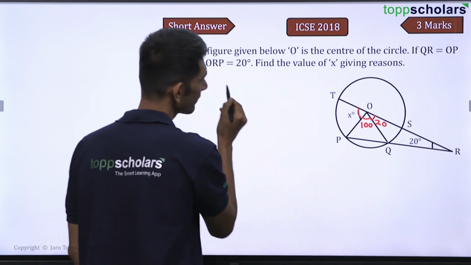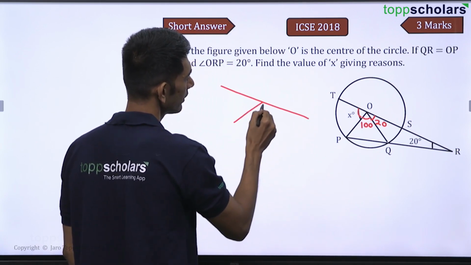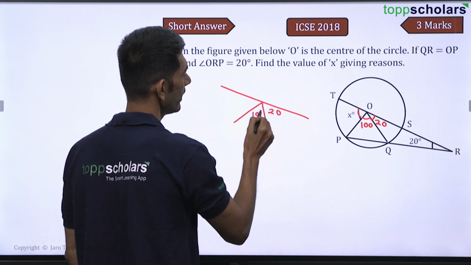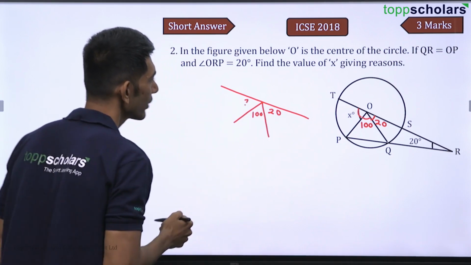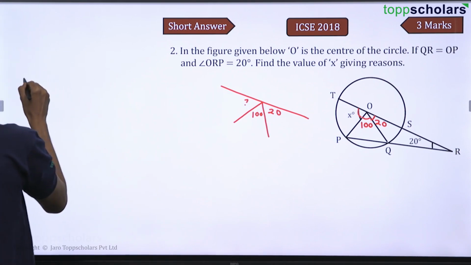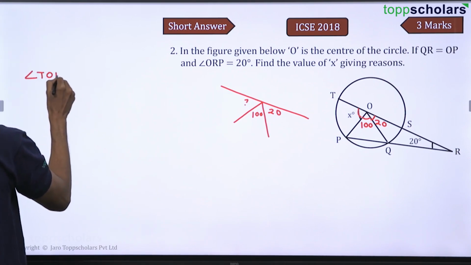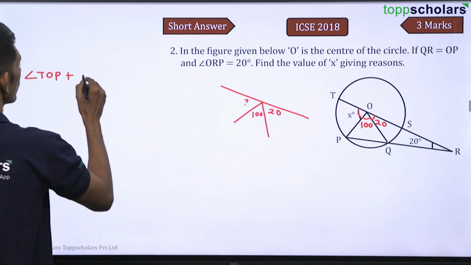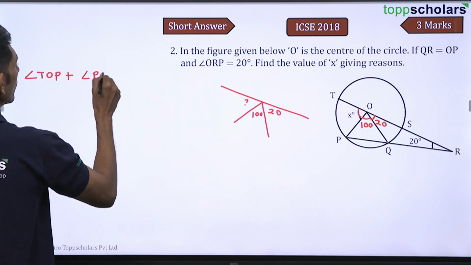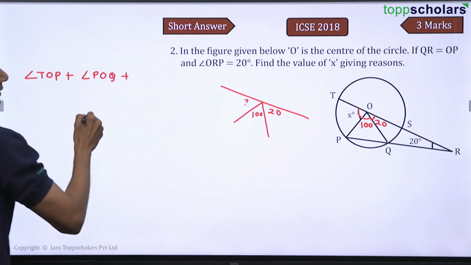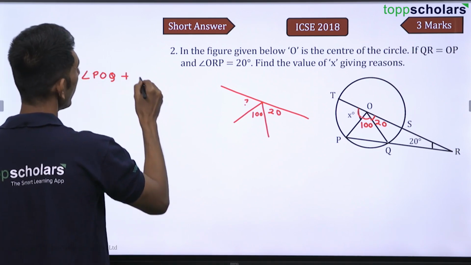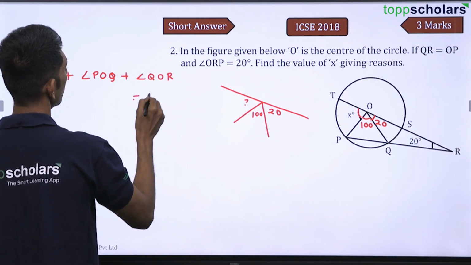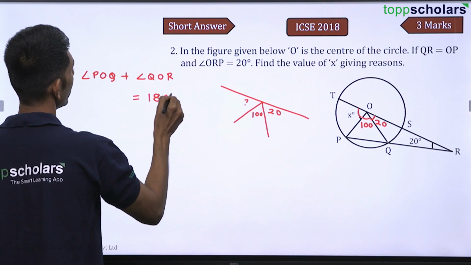Now can I calculate x? See, if you see the line like this, it is like this. Here I have 20, here I have 100. So this is question mark. So can I say angle TOP, you must have got the answer by now, plus angle POQ plus angle QOR is equal to 180 degrees.